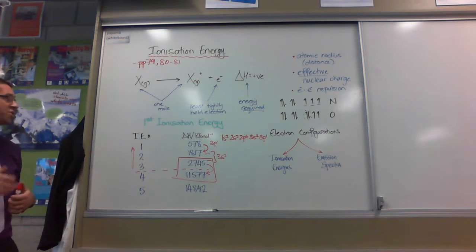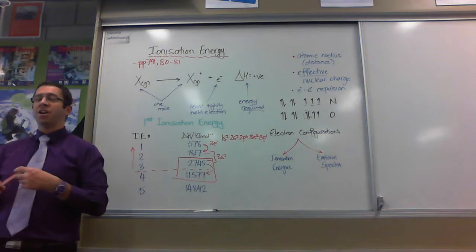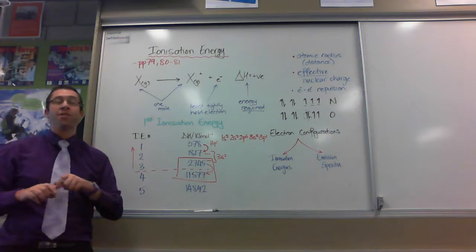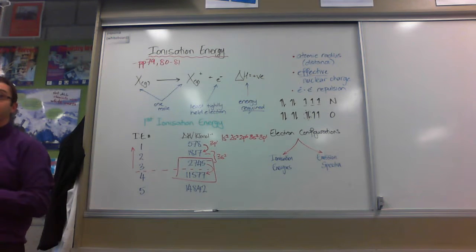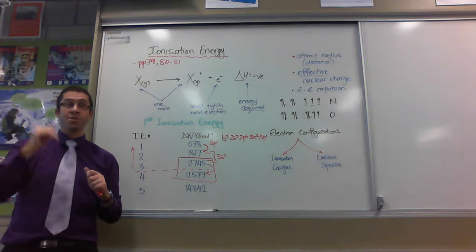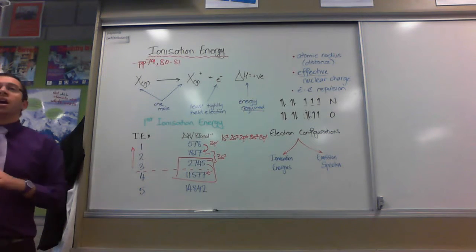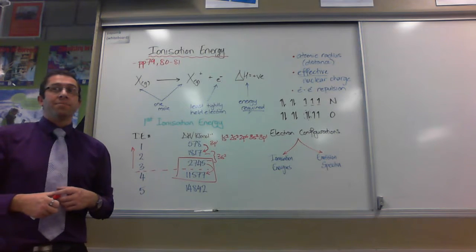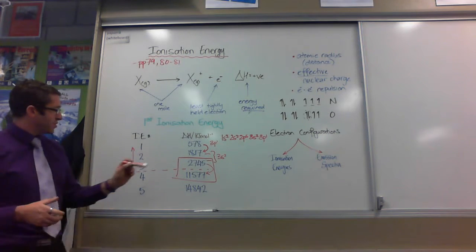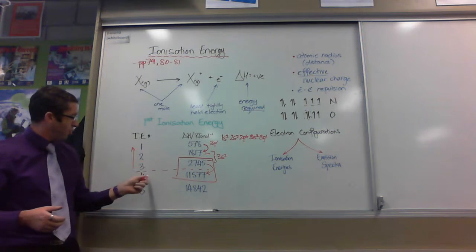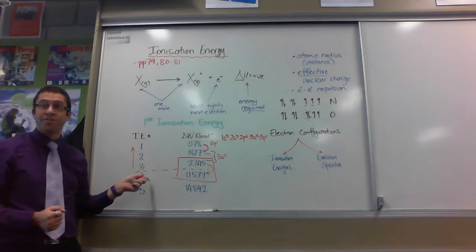Okay. So the question might be, here are the first 5 ionization energies of an element in the third period of the periodic table. Third period means third row across that goes across. You might then be asked to identify which element it is and justify that. So your justification would be that there is a large jump in ionization energies from 3 to 4, from the third ionization energy to the fourth.